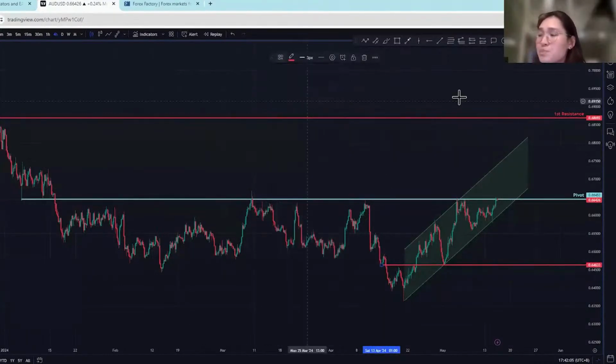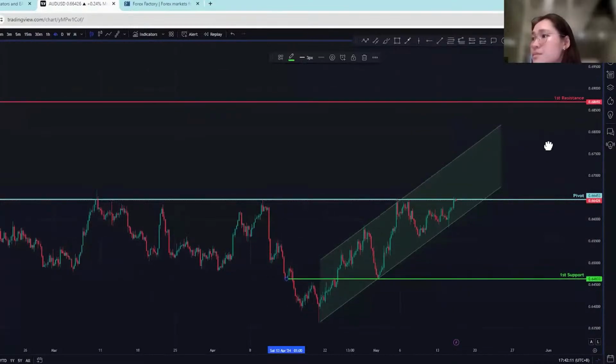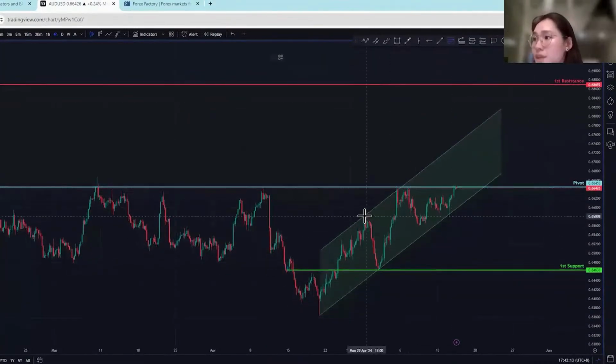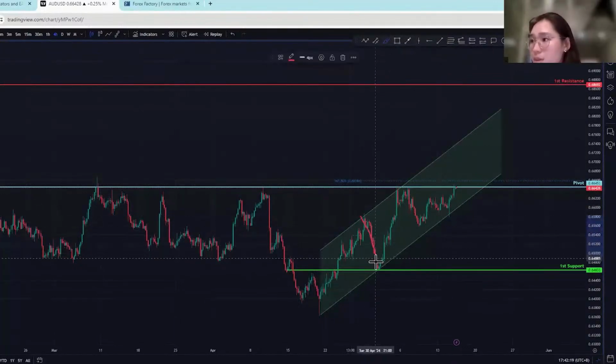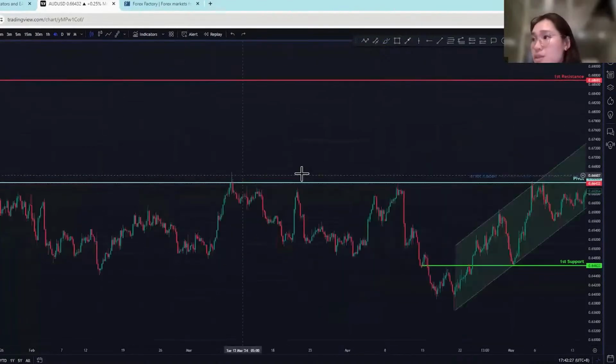Okay, now I'm going in with this tool here, which we call Fibonacci extension, and 161.8 lines up nicely with our pivot.